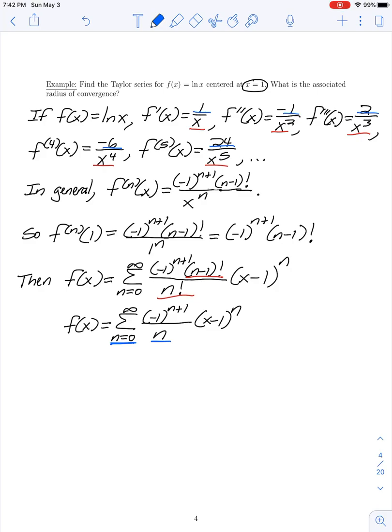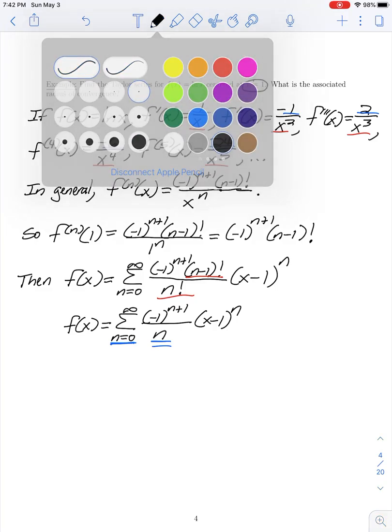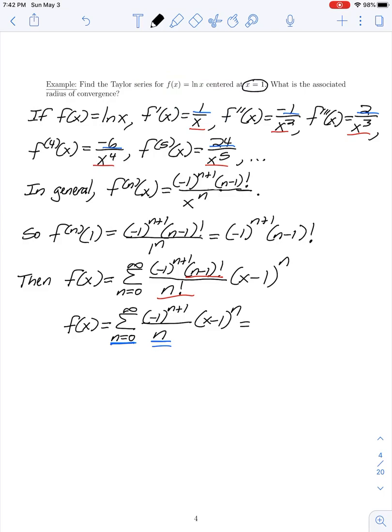So that first term corresponding to n equals 0 would be undefined, since we would have division by 0. So I claim that really the Taylor series should be the sum from n equals 1 to infinity of -1 to the n plus 1 times x minus 1 to the nth over n.